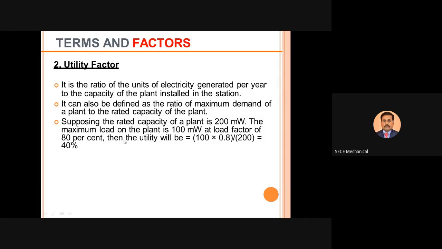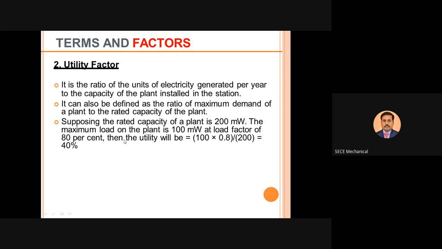So 230 is the actual power produced per year and the capacity of the thermal power plant is 250. 230 divided by 250 is nothing but the utility factor. So based upon the power plant capacity and the amount of power generated per year, we can calculate the utility factor. You have to take the ratio of these two parameters.